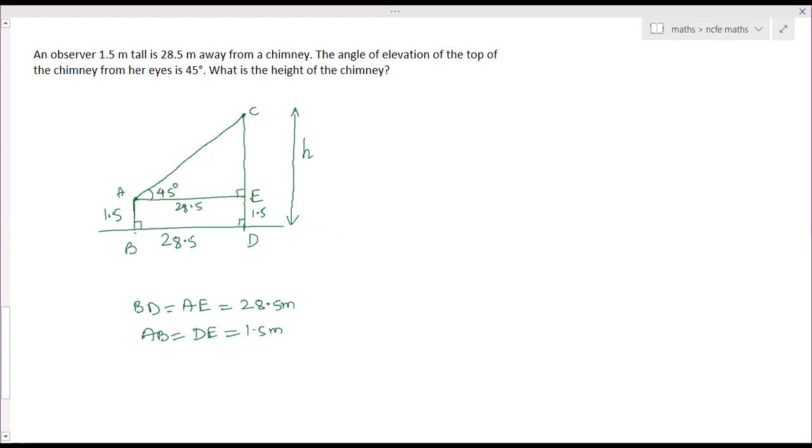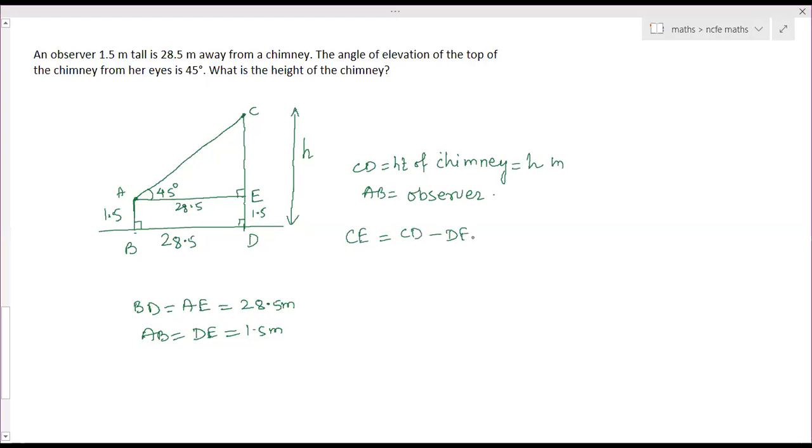We need CE distance. So we have taken CD as height of chimney, that is equal to H meters. Now DE and AB is the observer. So what is the value of CE? What is the distance CE then?